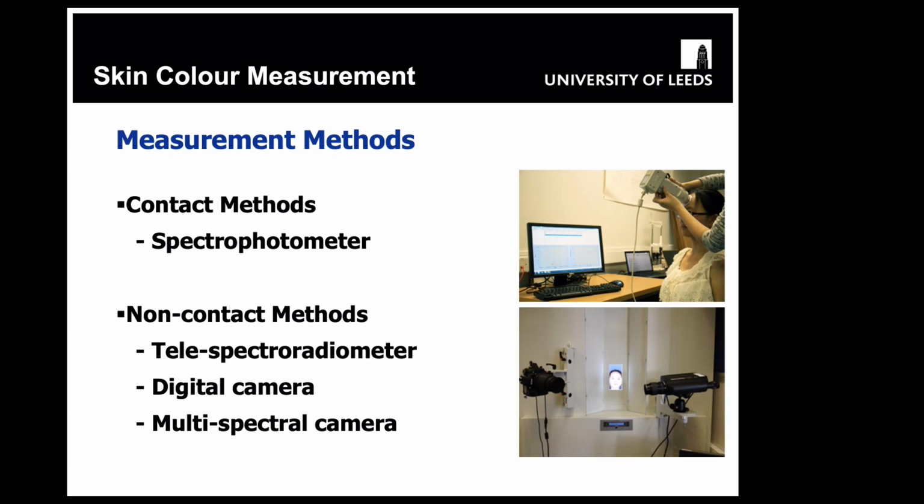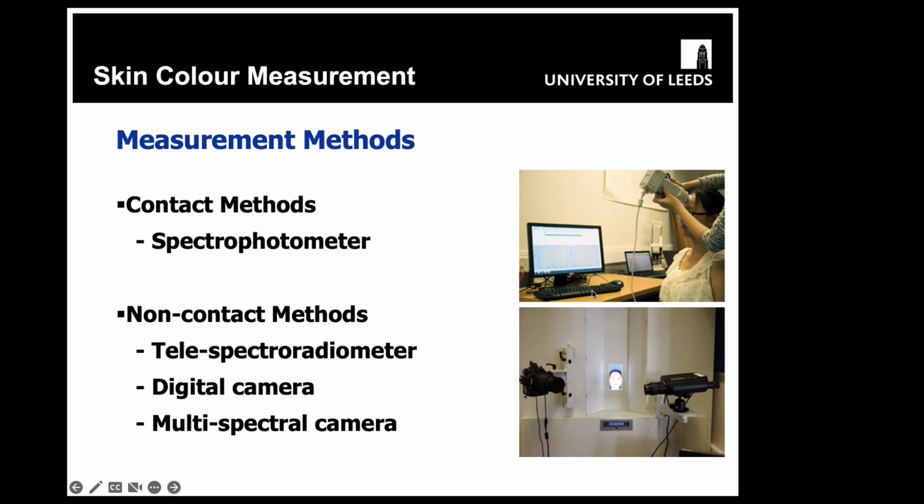So in this case, we try to do the skin color measurement using all possible measurement technology. That includes what we call the contact method, that is spectral photometers, as you can see in this figure.